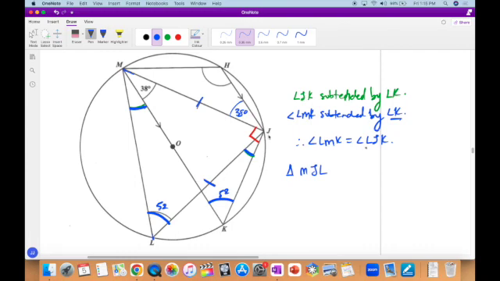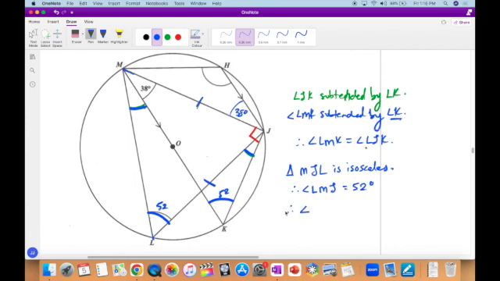So this triangle M to J to L is isosceles. So therefore, the angle at LMJ is 52 degrees.